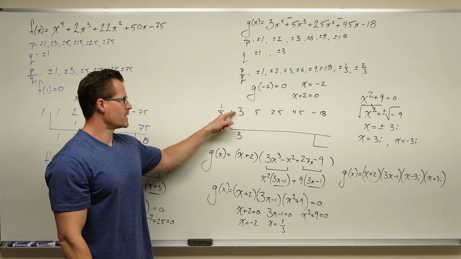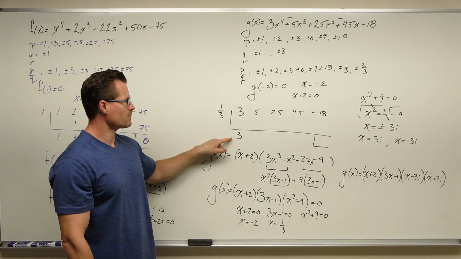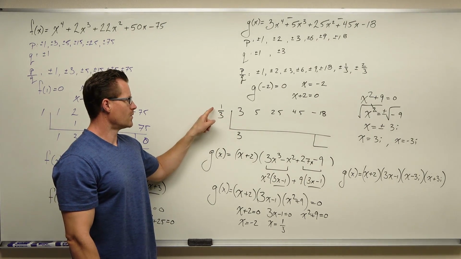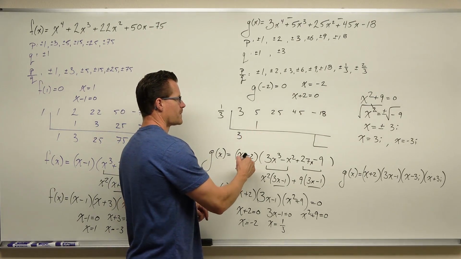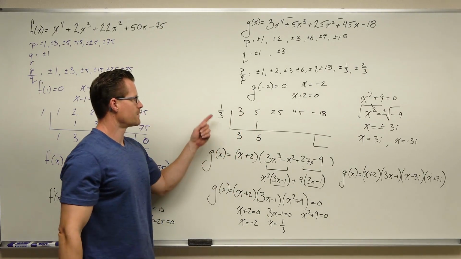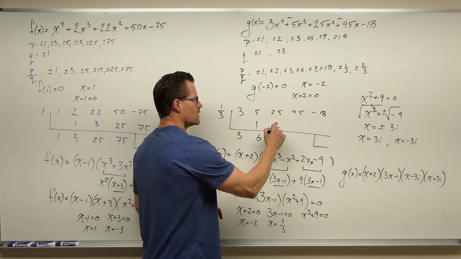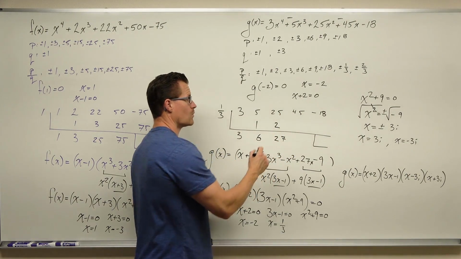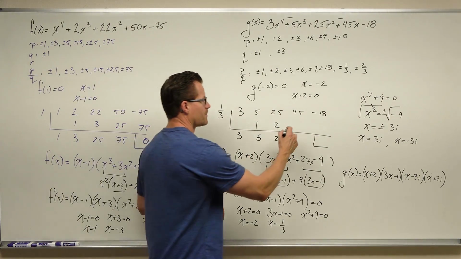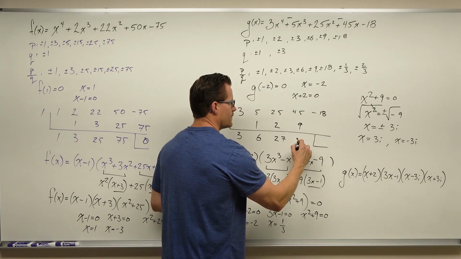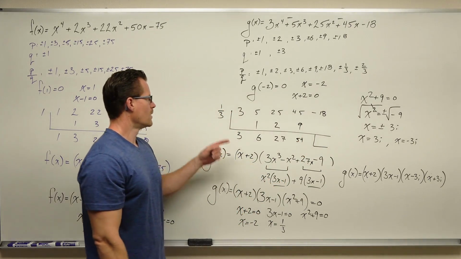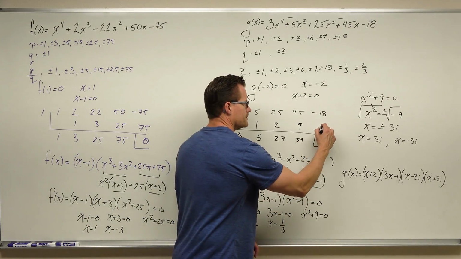Bring down your leading coefficient and multiply. 1/3 times 3 is 1. When you add that, you get 6. 1/3 times 6 is 2. When you add that, you get 27. 1/3 times 27 is 9. When you add that, you get 54. 1/3 of 54 is 18.